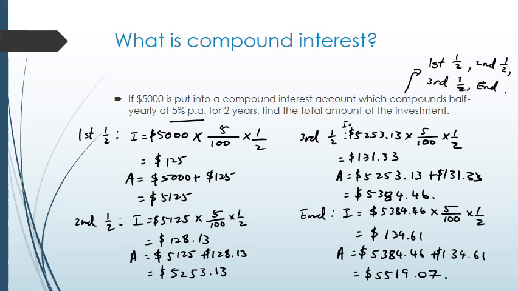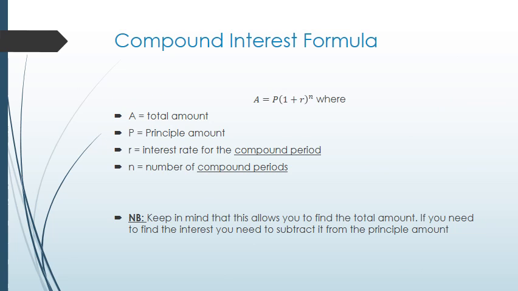So we're going to find a way where we can simplify some of this working out by simply finding the start and the end. This then brings us to the compound interest formula. So the compound interest formula lets you find the final amount that you have. So this total amount is actually the final amount at the end of all the compounding periods. If I can spell final, that would be great.